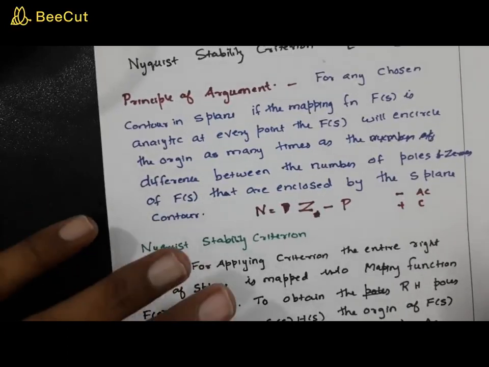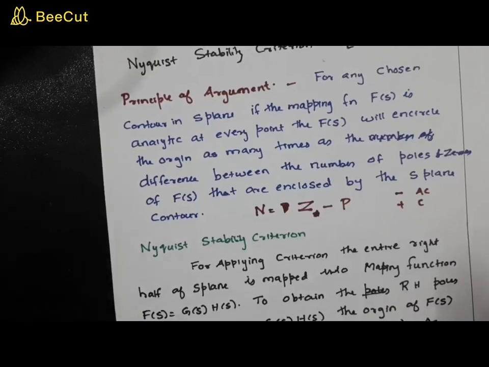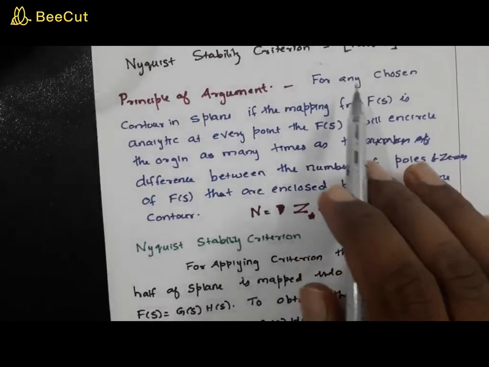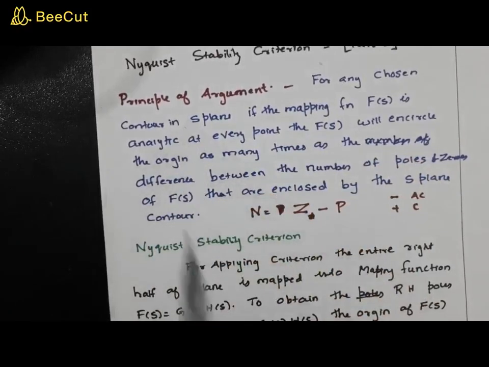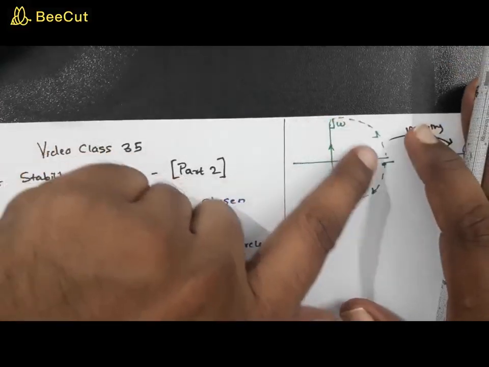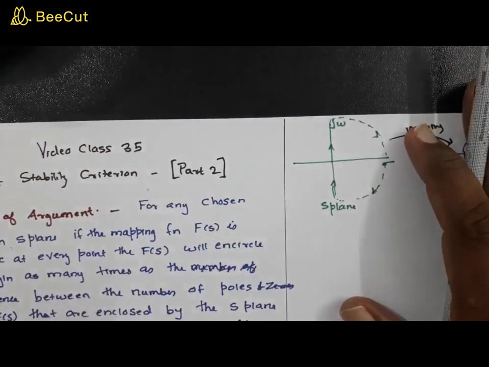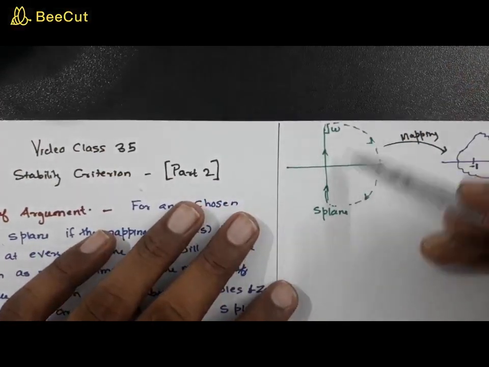The principle of argument is a general statement regarding any closed contour of any complex plane. Here the complex plane is the S plane. We already know that the thing which causes instability is the poles residing in the right half.